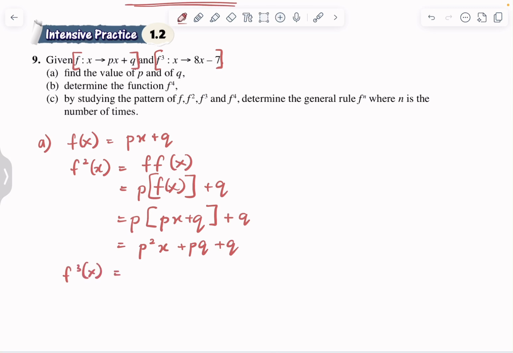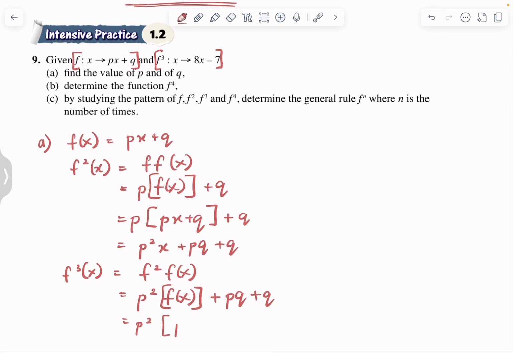f cube x is f square of f(x). So f square x is p square x plus this. So f square of f(x) would be p square f(x) plus this. Okay, now we sub in the f(x).